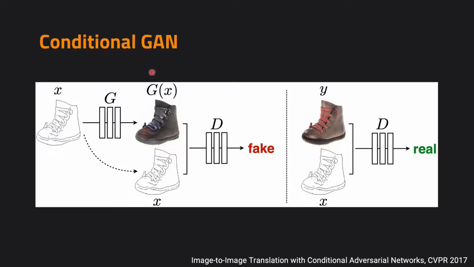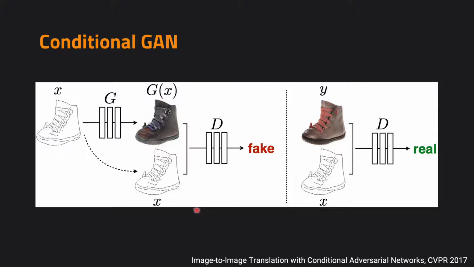Here, this work actually extended the generative adversarial model into a conditional case. Instead of only having one input to tell whether the generated result is real or not, we also give another condition, like the original input of the generation network, to the discriminator, and then the discriminator is supposed to compare the original input and the generated result to see whether the generated result is a good output from the original input.